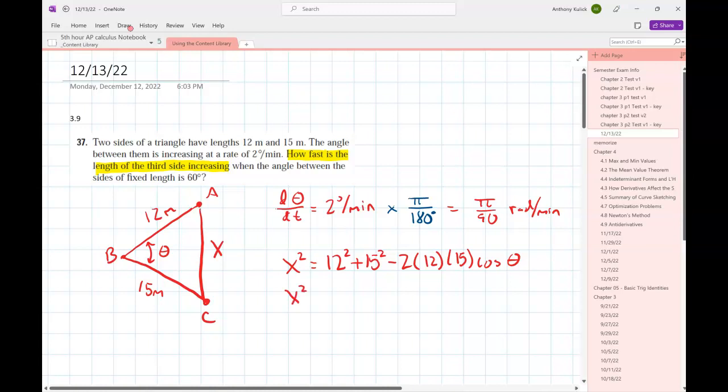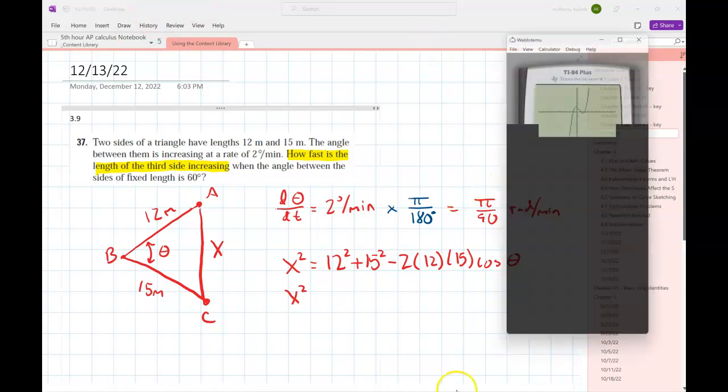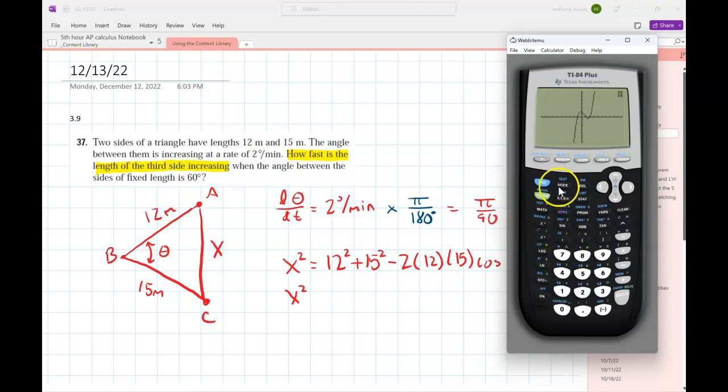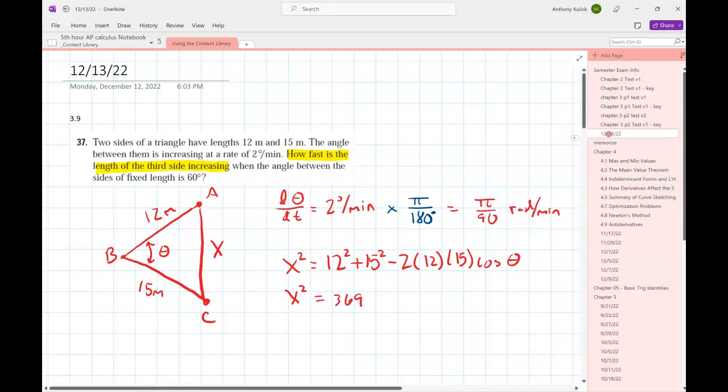I can simplify that down a little bit. 12 squared plus 15 squared is going to be 369, and 2 times 12 times 15 is 360. So I have 369 minus 360 cosine theta.